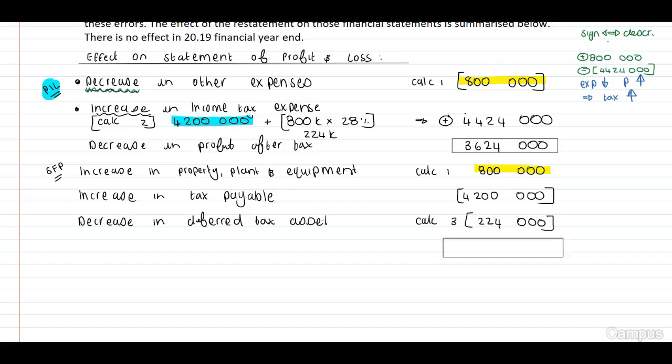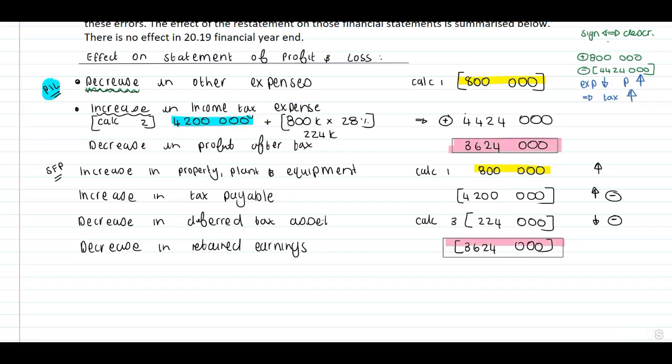Important, we have an increase in our assets, an increase in a liability which exceeds the asset, and our asset will decrease the deferred tax. Therefore, this will be a decrease in our retained earnings. And this is the 3,624,000. Right.